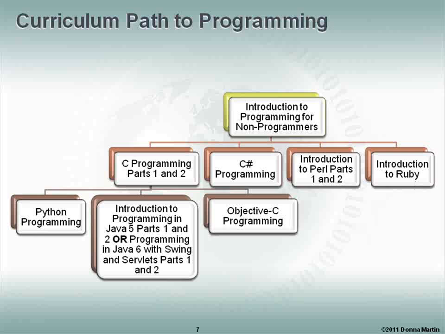Really, what you're looking at here, if you're interested in other languages, is just determining what kind of skills that particular class is expecting that you have ahead of time. The Introduction to Programming for Non-Programmers class, this class, is going to help you get prepared in that programming mindset. It will let you do some programming. It's what's called an interpretive language. And so we will be able to, after this class, go ahead and start picking up other languages.